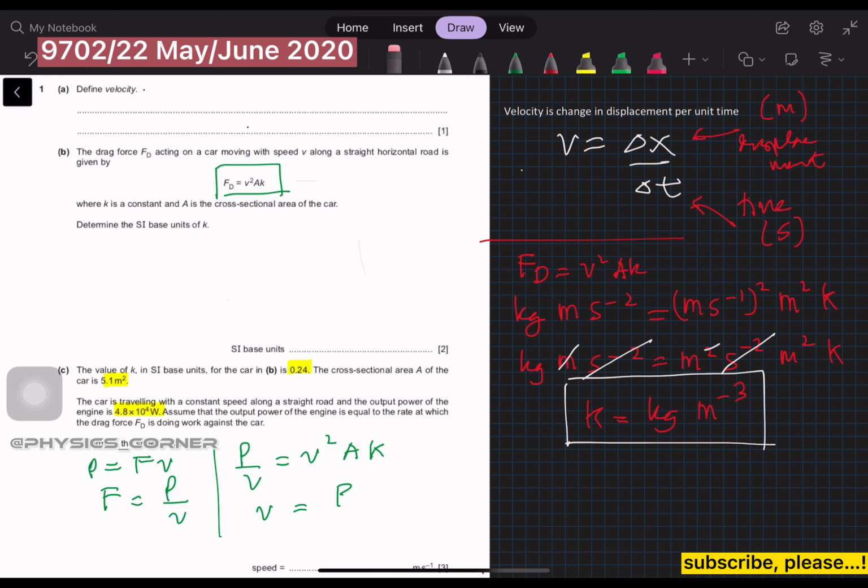So v to the power 3 equals P divided by A times k. So power is 4.8 times 10 to the power 4, divided by A which is 5.1, times 0.24.